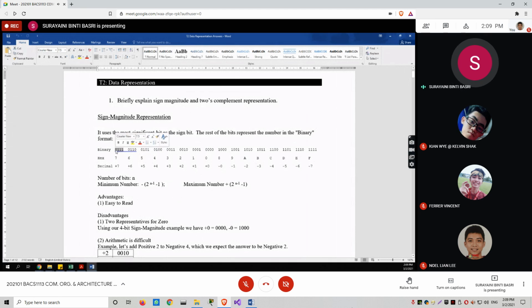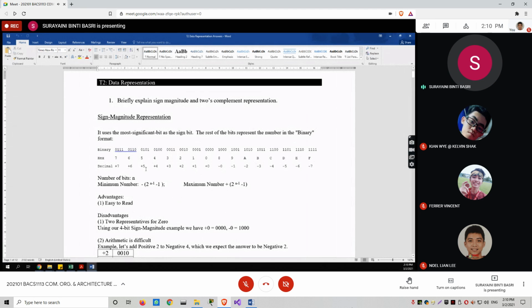The first position is 1, the value of this is 2, and the value of this is 4. So the sum of these values gives 7, because 1 plus 2 plus 4 equals 7. For this one, only the positions of 2 and 4 have value, so 4 plus 2 equals 6. Can you understand, Bahan?